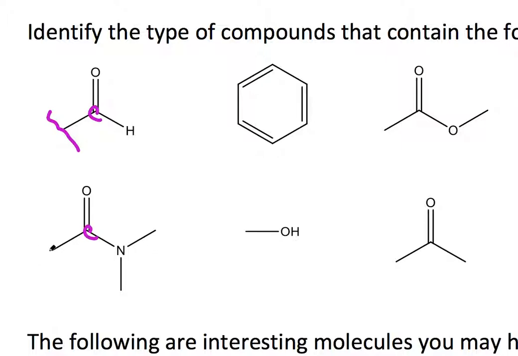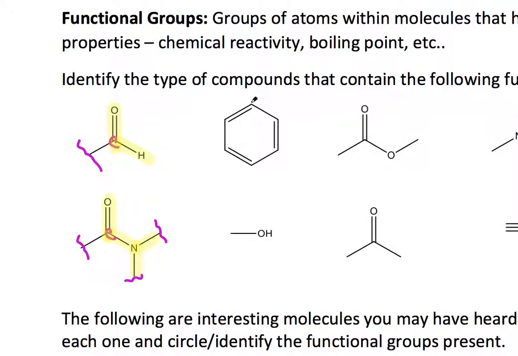Same thing here. We might have things attached here and here and here, but what's important is the pattern of a C double bond O and an H for this one, and then here C double bond O and N attached to two different things. So those are sort of the bonding patterns that we're looking at.